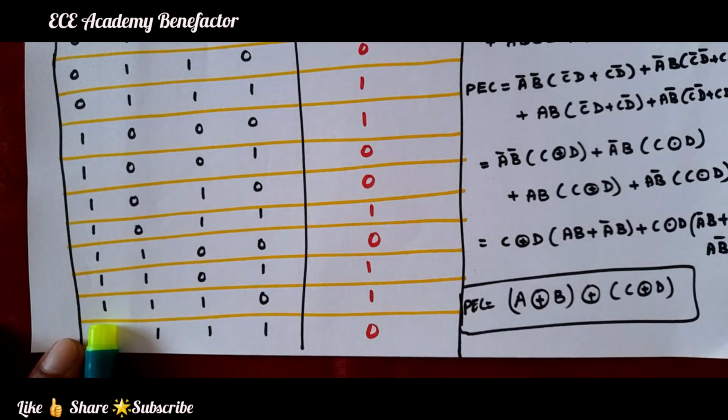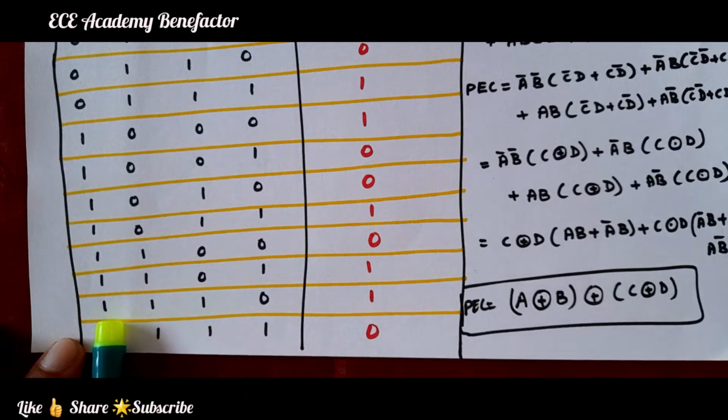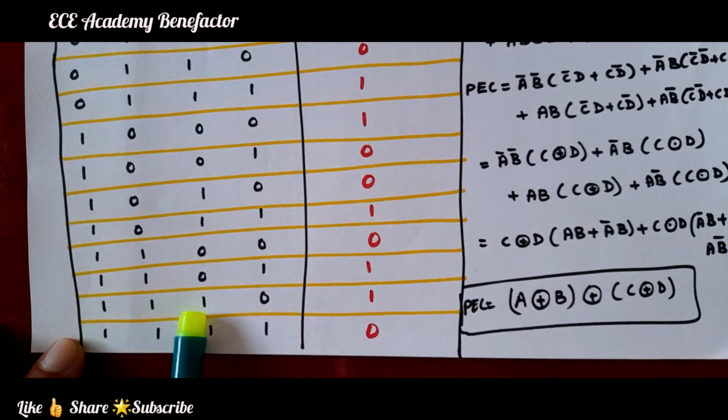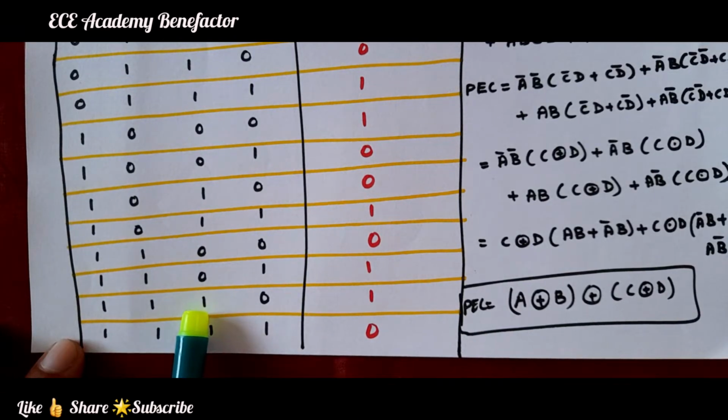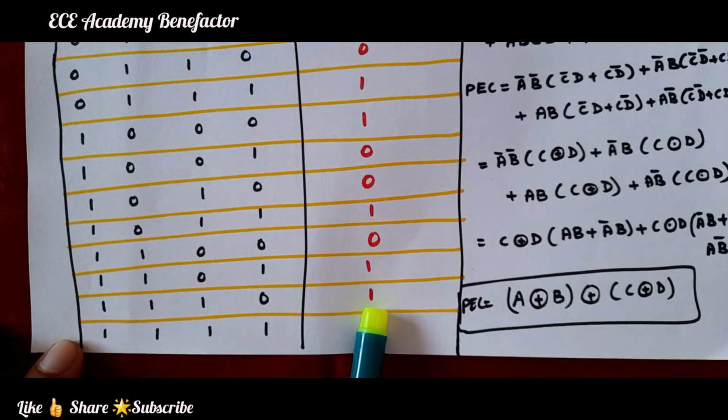Suppose if you take this message, it is comprising of 1110. This message is having 3 ones. It means odd number of ones, and we are having an even parity checker. So odd number of ones means an error has occurred at least in 1 bit. So what we will do? The parity error checker will generate 1 indicating an error has occurred.